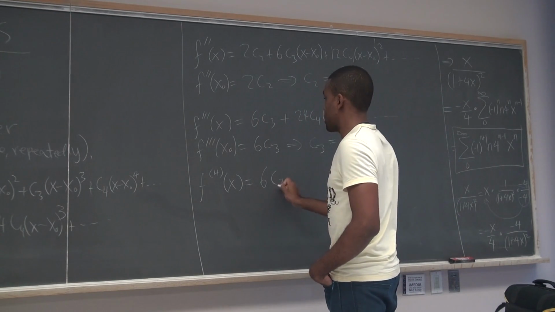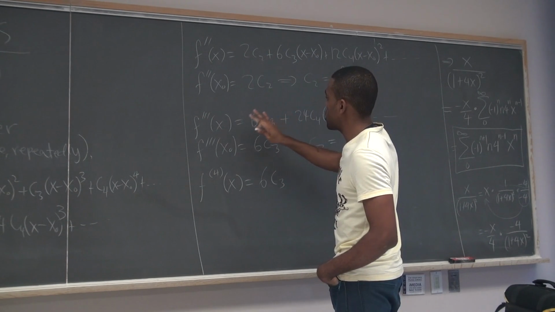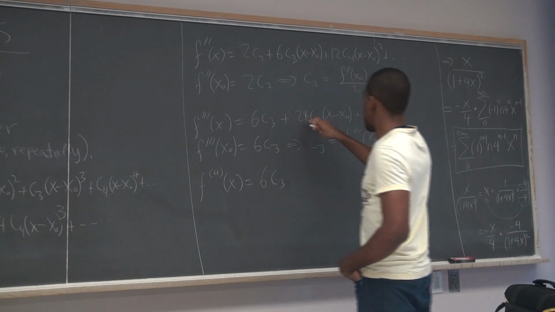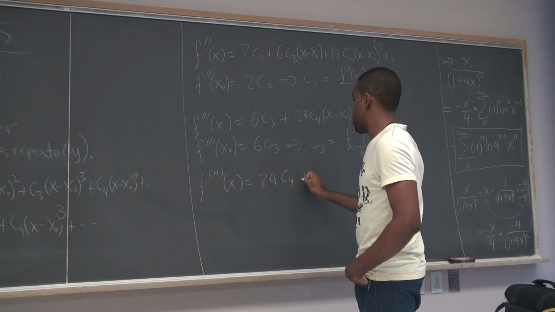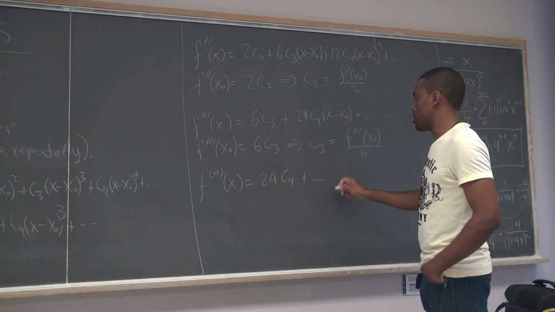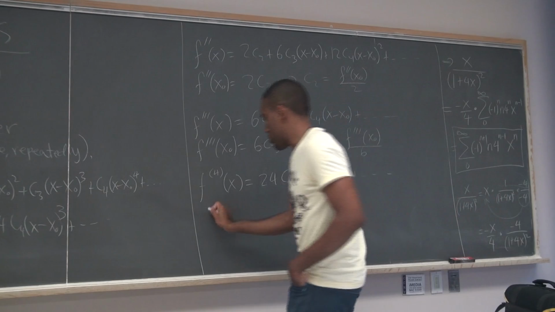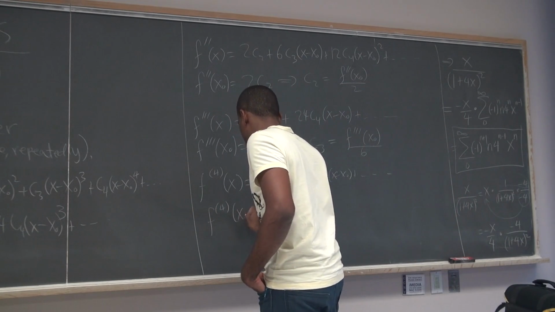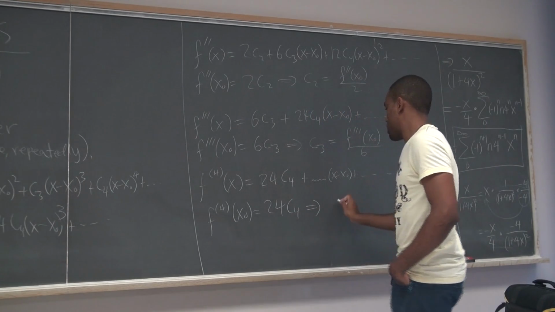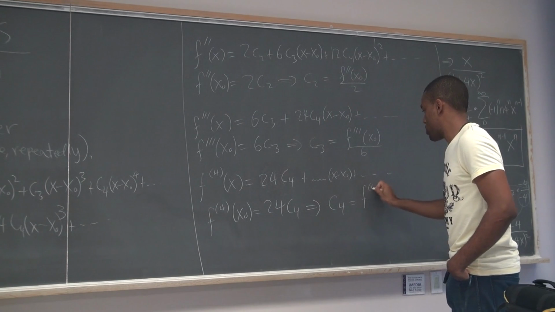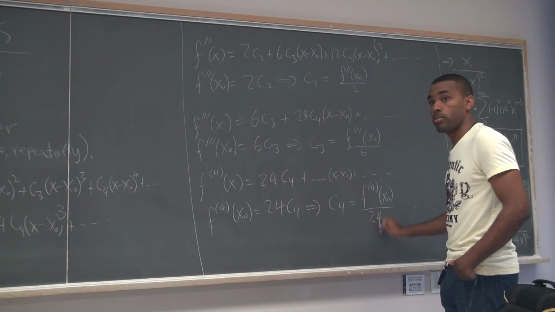We're finding the fourth derivative, so I'm going to differentiate this. I'll have 24C4 plus something times (x minus x naught) plus and so on. Now if I evaluate the fourth derivative at x naught, I would just have 24C4, which means my C4 I can write as the fourth derivative at x naught over 24.